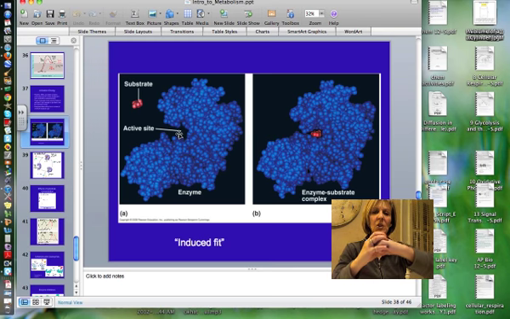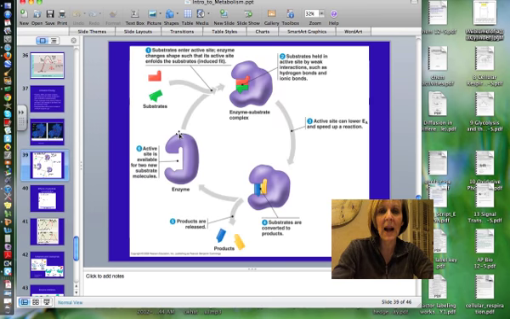And that induced fit basically puts some pressure, so to speak, on the bonds that are formed in the reactant so that they can lower their activation energy and be more likely to react. And that's exactly what we see here. So we have our substrates coming in, and we have our induced fit, we have our enzyme substrate complex that lowers the activation energy basically because it's a spatial thing.